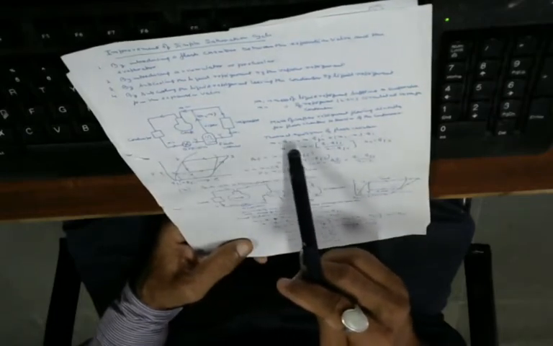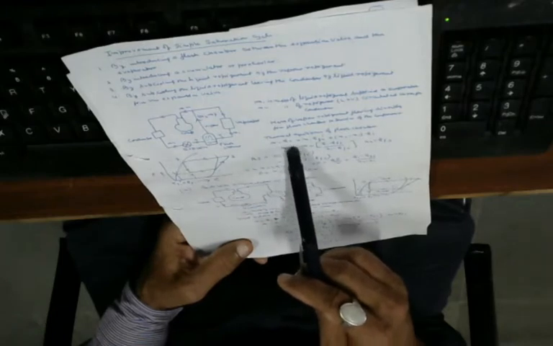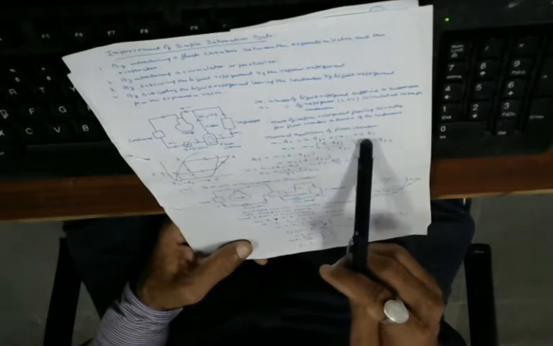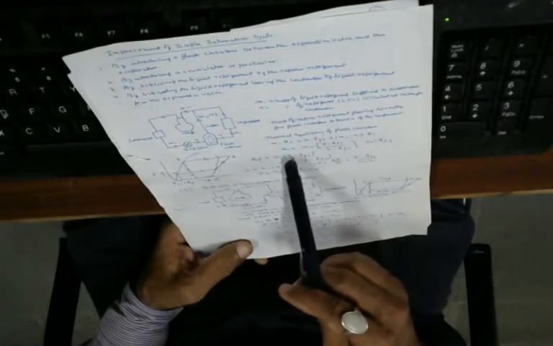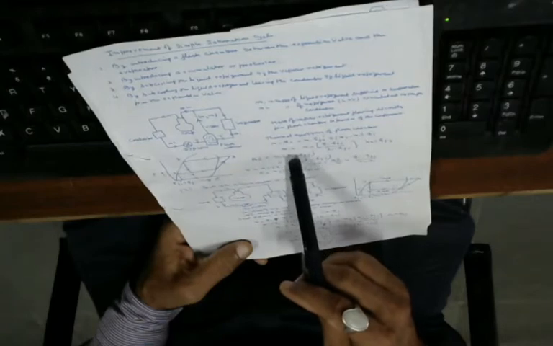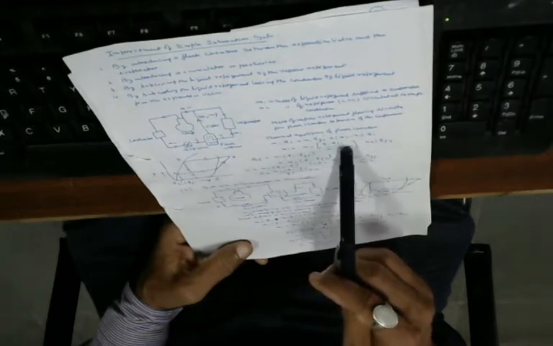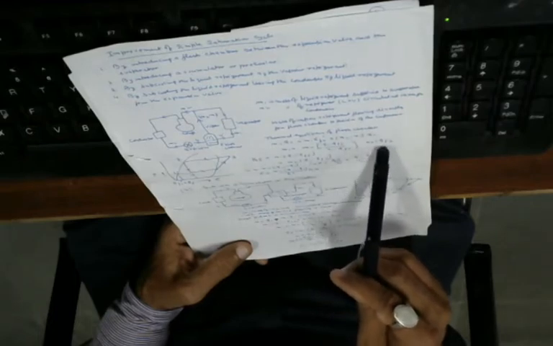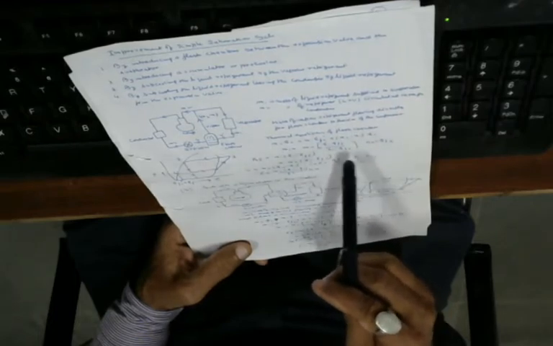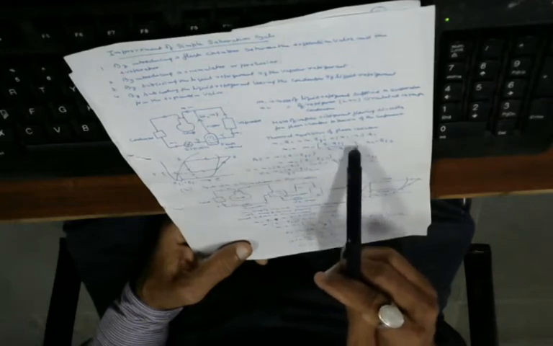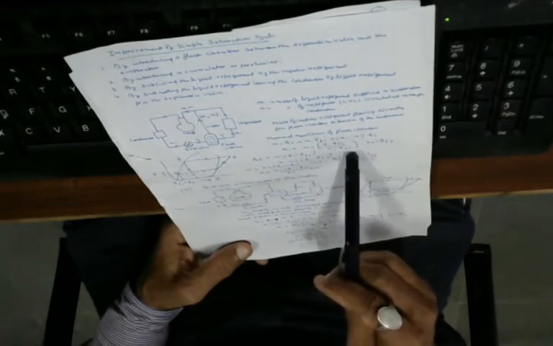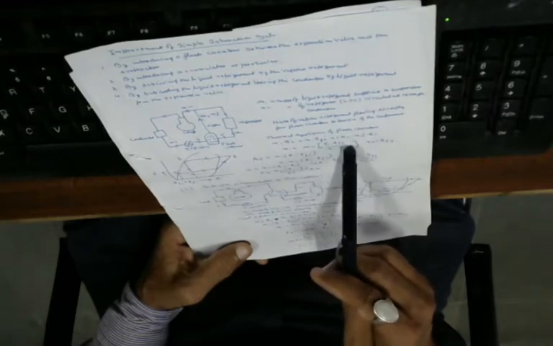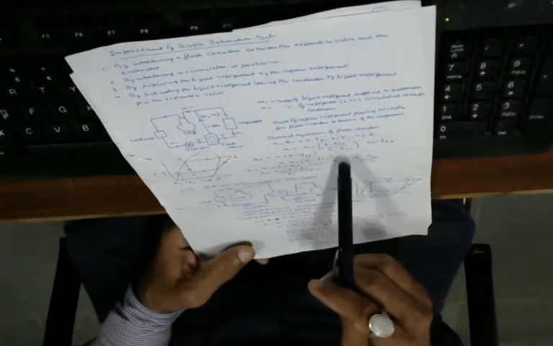So M2 into H4 is equal to M1 into HF4 dash plus M2 minus M1 into H1, or M1 will be equal to M2 into H1 minus HF3, because H4 is your HF3, divided by H1 minus HF4 dash.